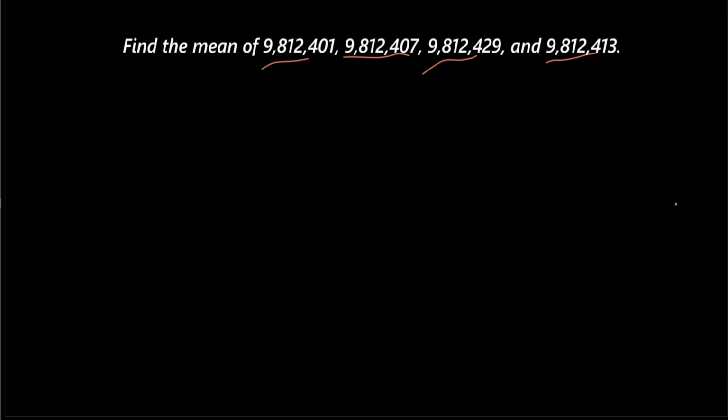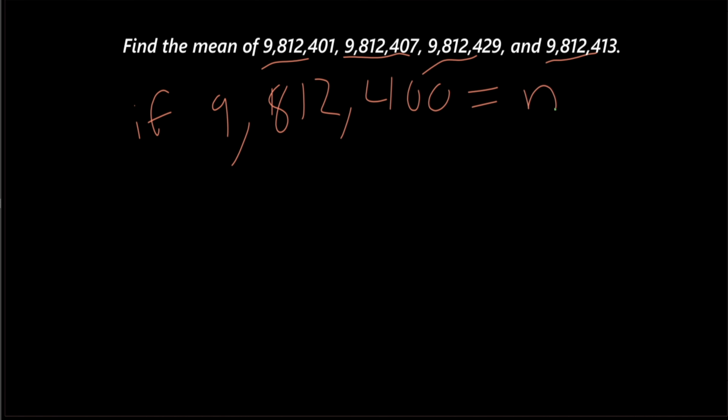So if 400 is equal to n, then the mean would be equal to n plus the mean of everything else.